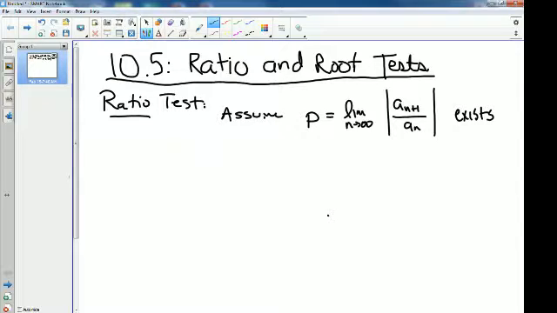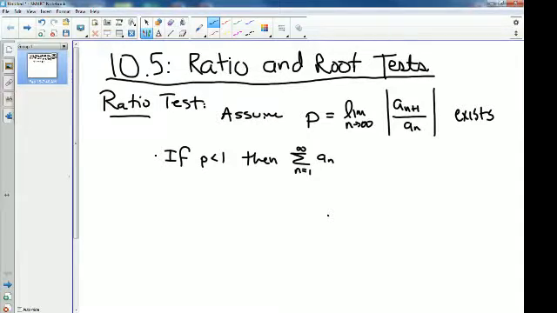If P is less than 1, what happens to the series? Think about what's happening here.